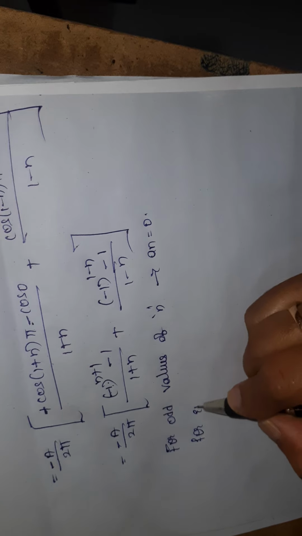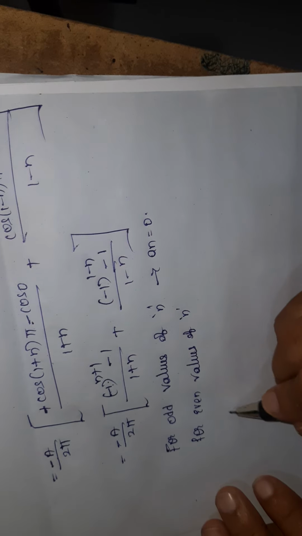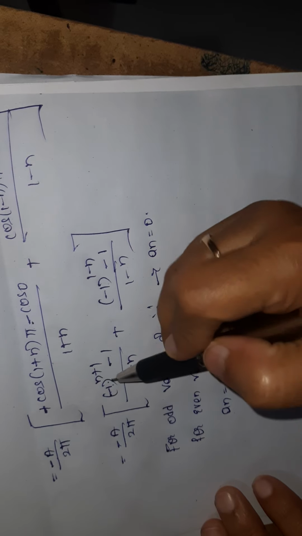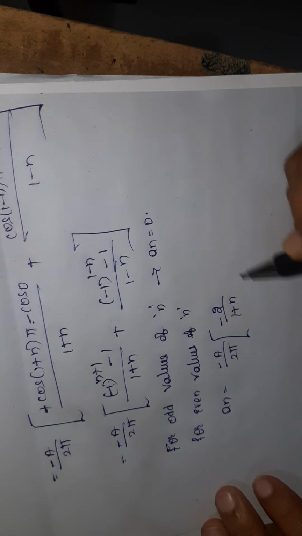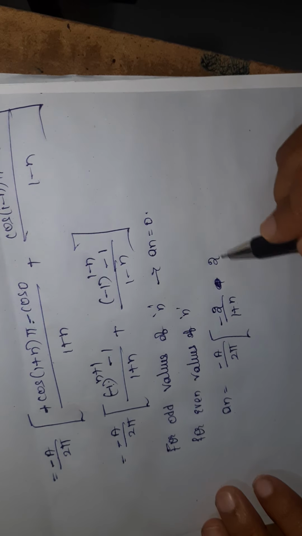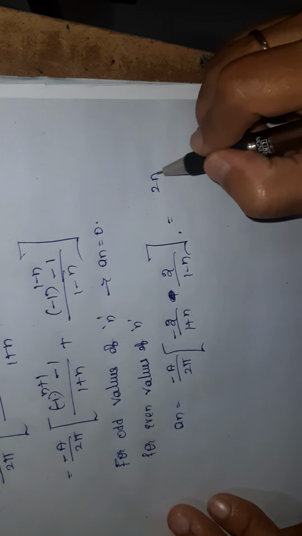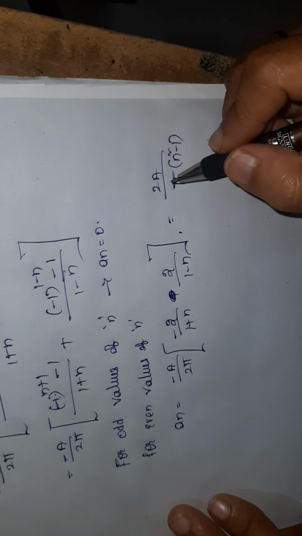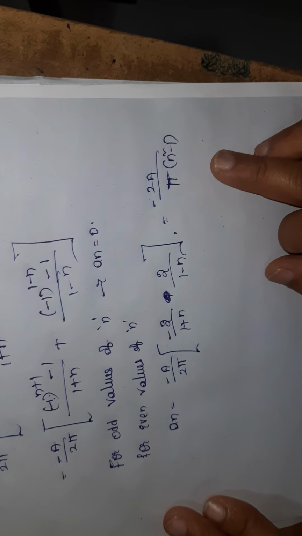For even values of n, what is an? So an is equal to minus a by 2 pi into, for even values of n, this is minus 1. So minus 1 minus 1, minus 2 by 1 plus n, okay, plus here I will get minus 2 by 1 minus n. So after simplification, I will get minus 2a by pi into n square minus 1. For even values of n, this is the equation I will get.